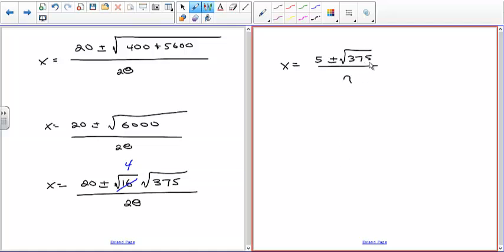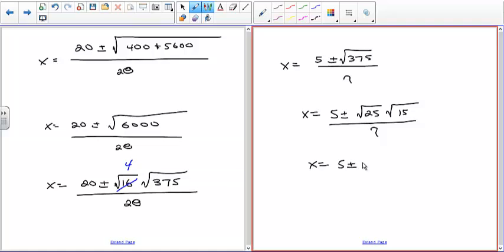Now we should be able to simplify this a little bit further, because I think if you take 375, you can divide by 25. Okay, so 375 is 25 times 15. So the square root of 25 is 5.